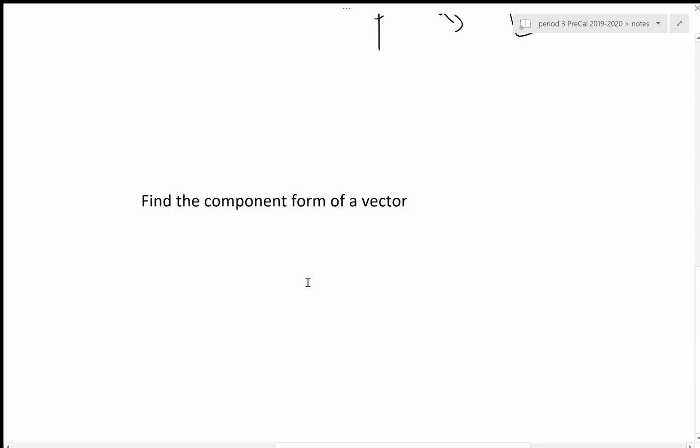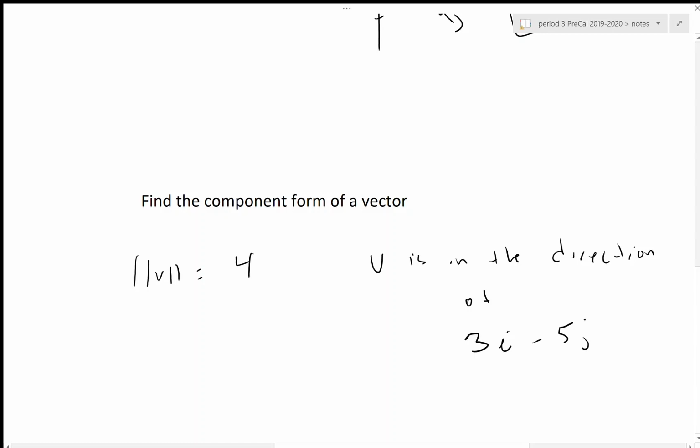Let's just say, for example, the magnitude is 4, and V is in the direction of 3i minus 5j.